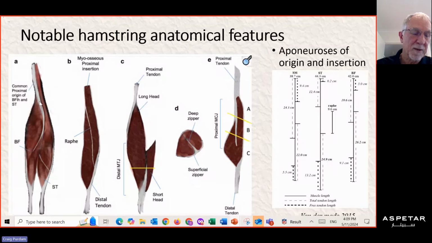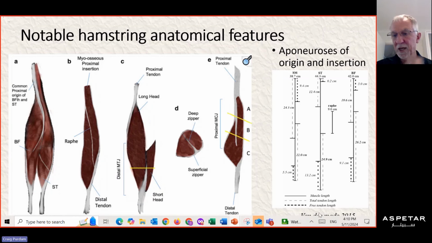Biceps, of course, this common tendon actually tracks distally and then becomes intramuscular as it courses down the biceps itself. And of course, fibers from that then insert into its insertion here. So I've got this tendon of insertion, tendon of origin, and similarly with semitendinosus, we've got a tendon of origin and insertion.